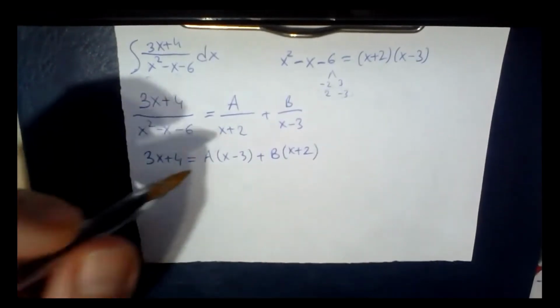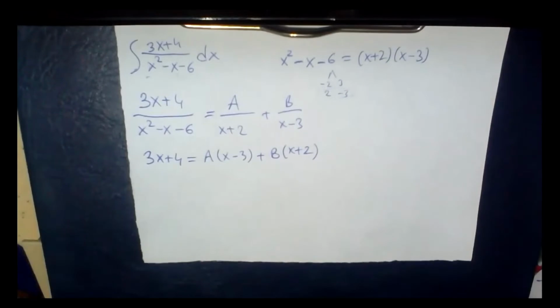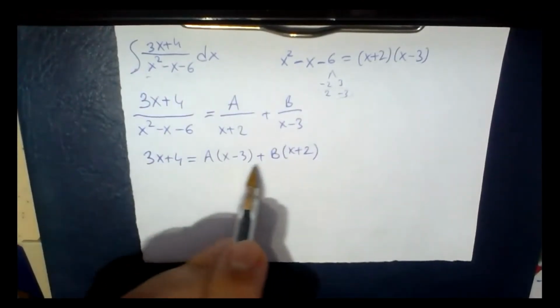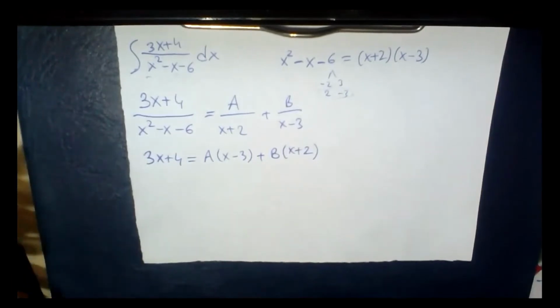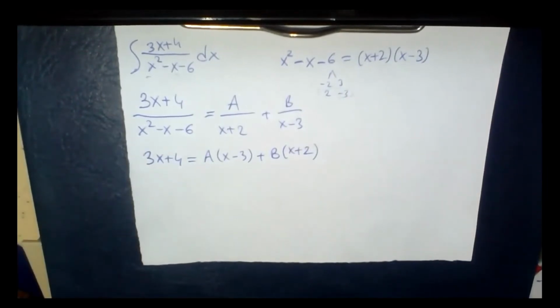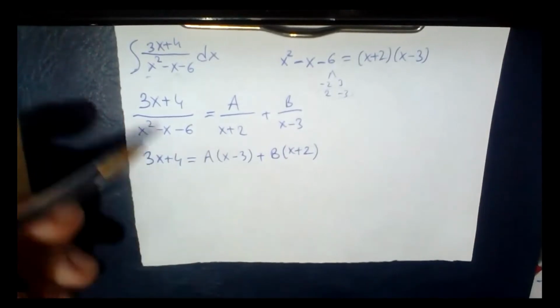Now, since they are similar, let's this time use another method. This equality holds for each value of x, but in particular, if we choose some special values, we will have different equations, and it may be beneficial for us.